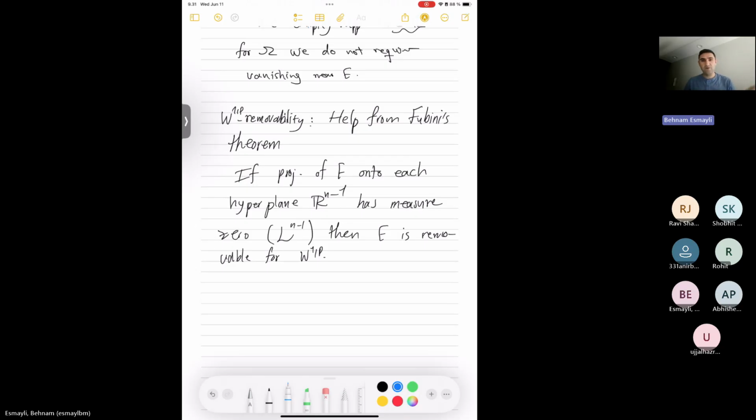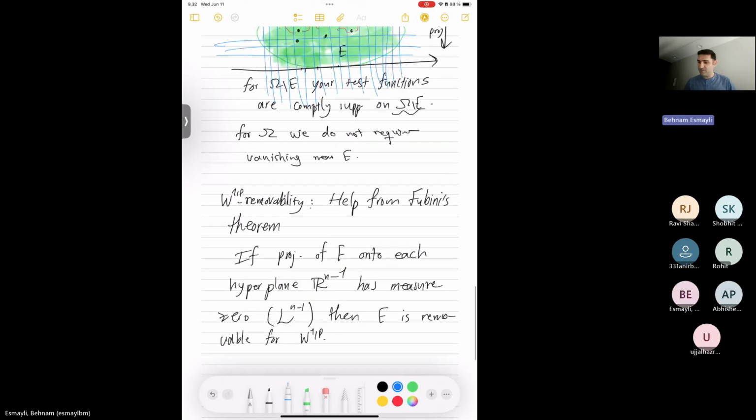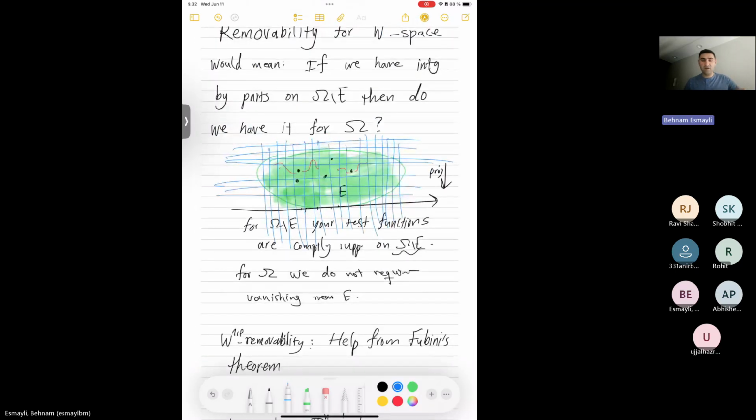So again, the integrability part is always there, but now if you have a projection with 0 measure, that means almost every line never meets E. So if you are Sobolev on the complement of E, you're absolutely continuous on almost every line that doesn't meet E. But then E's projection has measure 0. That means the same statement remains true even if you included E in the domain.